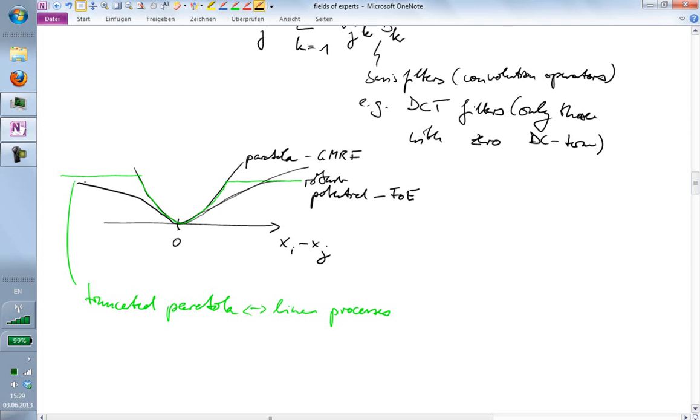Now, this has some advantage because in analogy with the line processes, it helps us reduce overfitting, oversmoothing, which is good, but it also gives us a non-convex problem, which is bad. So the optimization becomes a lot harder.